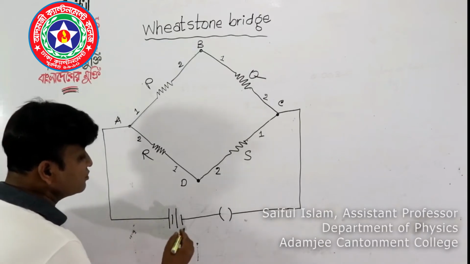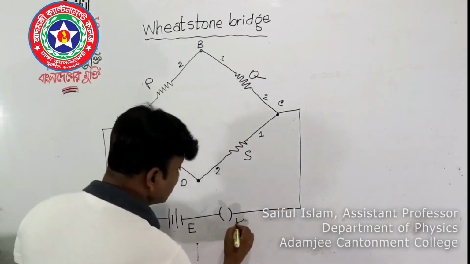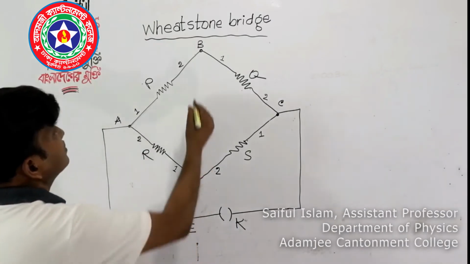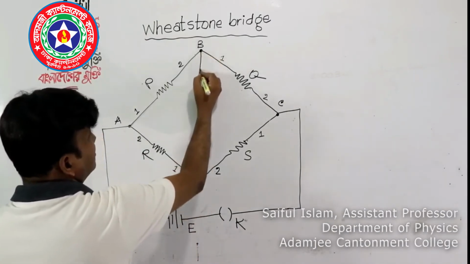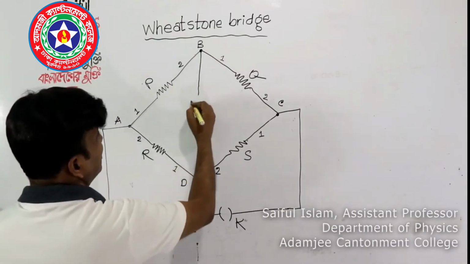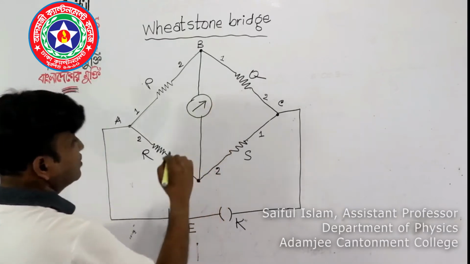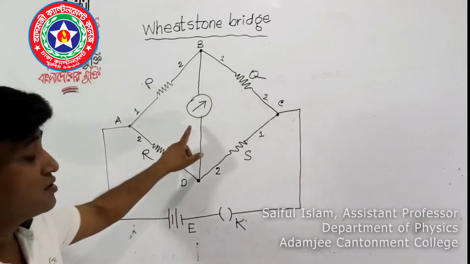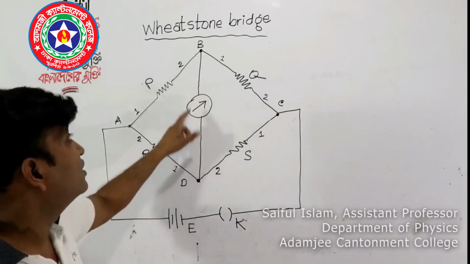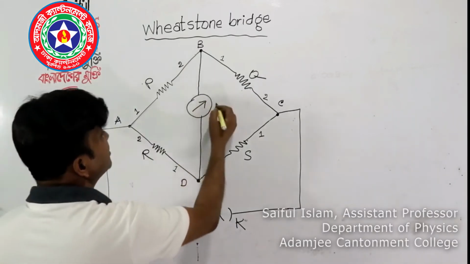Suppose its electromotive force is E and the key is denoted by K. Between the two opposite ends B and D, a galvanometer G is used to detect the current flow along BD. Suppose the resistance of this galvanometer is G.